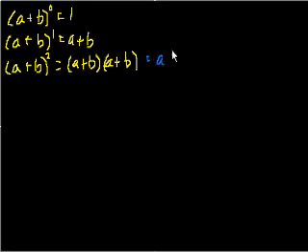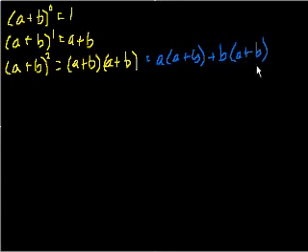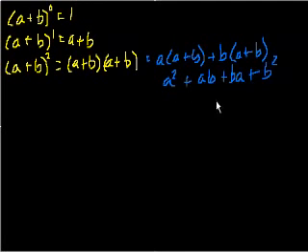That equals a times (a + b) plus b times (a + b), which is equal to a squared plus ab plus ba plus b squared, which is equal to a squared plus 2ab plus b squared. That should be a bit of a review for you.